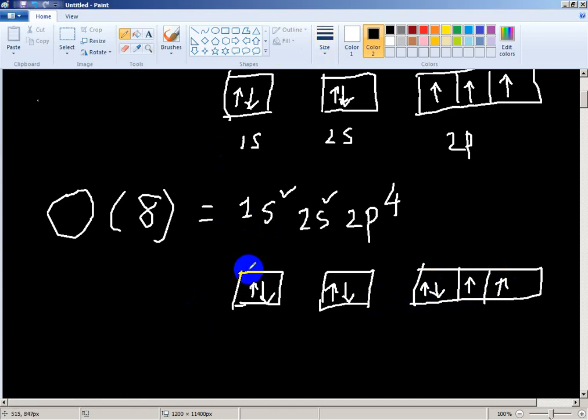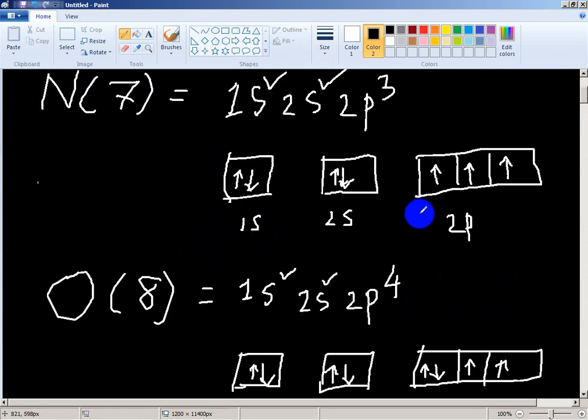This way electrons enter the orbitals according to Hund's rule. At first, the maximum number of half-filled orbitals should be formed.